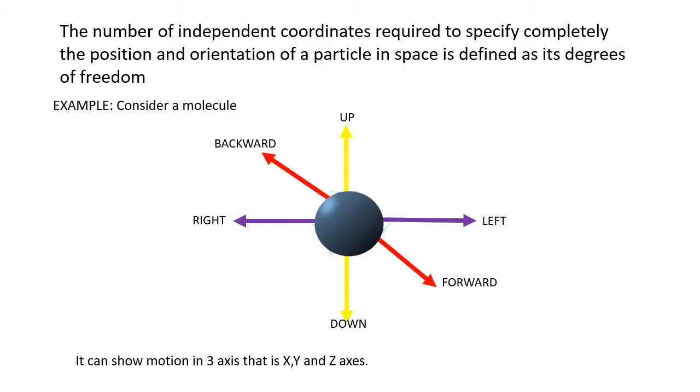So let us understand degrees of freedom in terms of coordinates. The number of independent coordinates required to specify completely the position and orientation of a particle in space is defined as its degrees of freedom. So let us consider a particle which is moving along the x and the y coordinates.